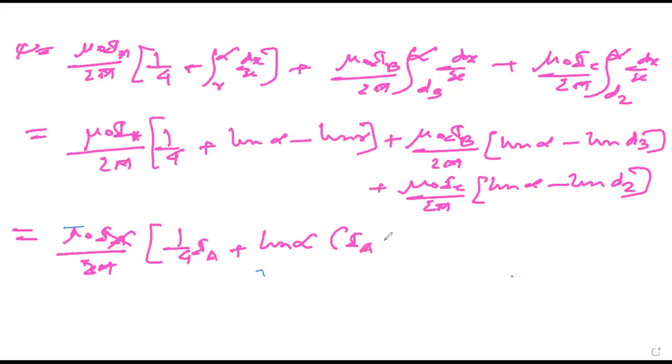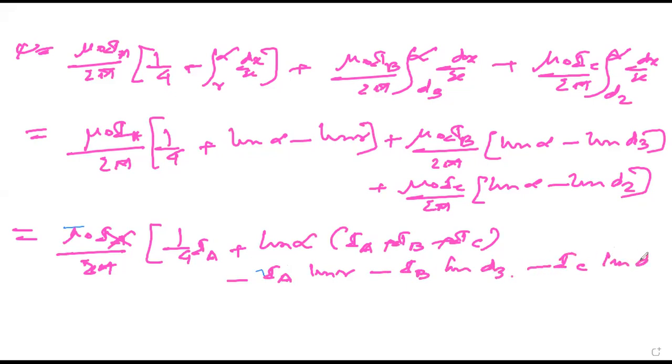This will be IA plus IB plus IC, times ln infinity, minus IA ln R minus IB ln D3 minus IC ln D2. Any problem anywhere in these steps? No, sir. Okay. Now you see, this IA plus IB plus IC will be equal to 0. So the ln infinity terms will vanish.